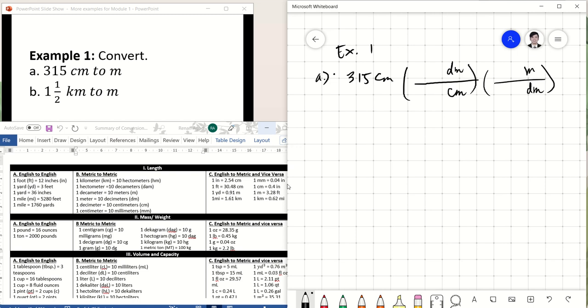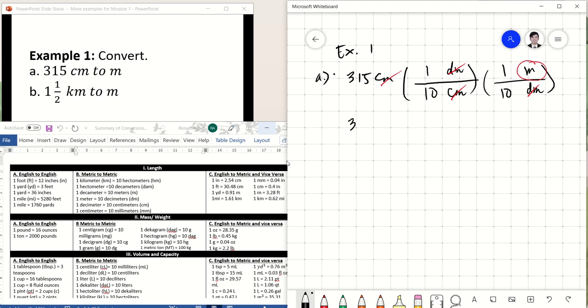So looking at our conversion factor, 1 decimeter is 10 cm, and then 1 meter is 10 decimeter. Finally, we can cancel out the cm and the dm, and what is left is the meter. And that's what we want.